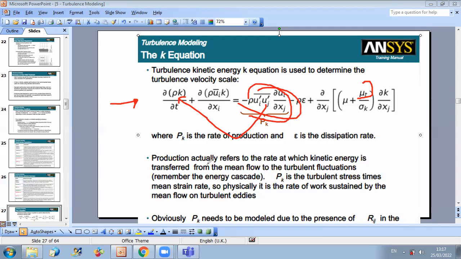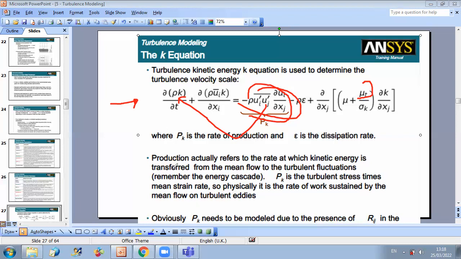The production actually refers to the rate at which kinetic energy is transferred from the mean flow to the turbulent fluctuations. Pk is the turbulent stress times the mean strain rate. So physically, it's the rate of work sustained by the mean flow on turbulent eddies.